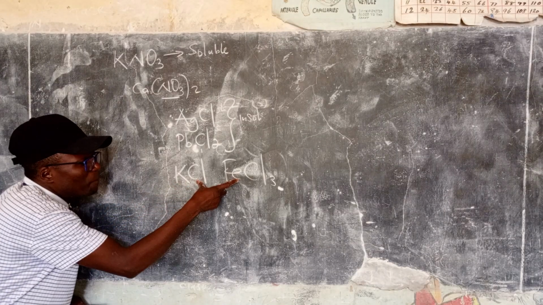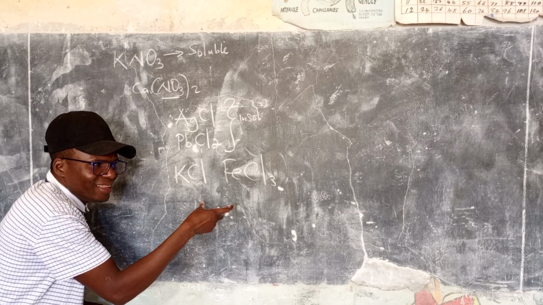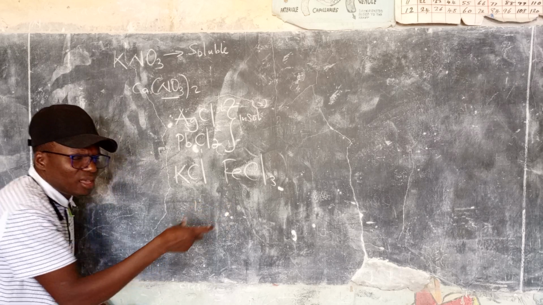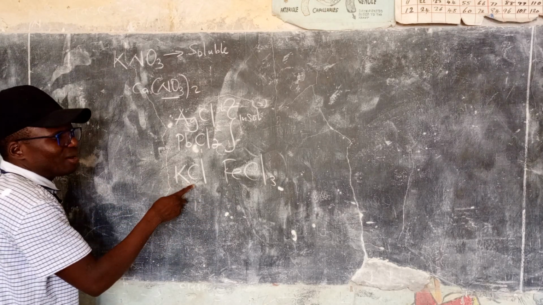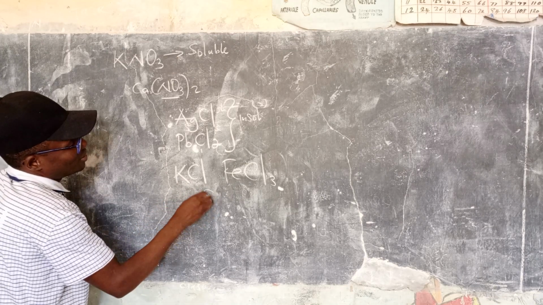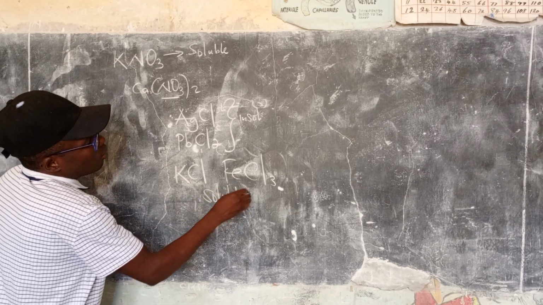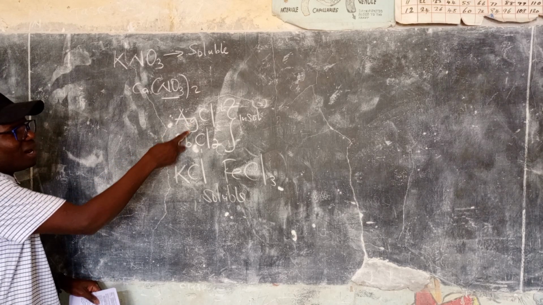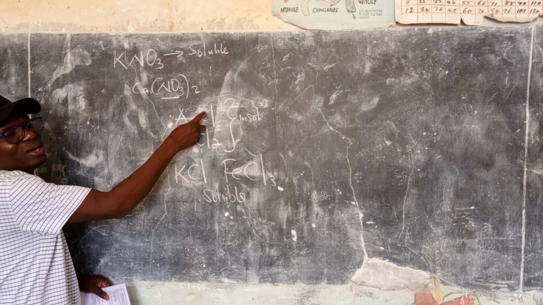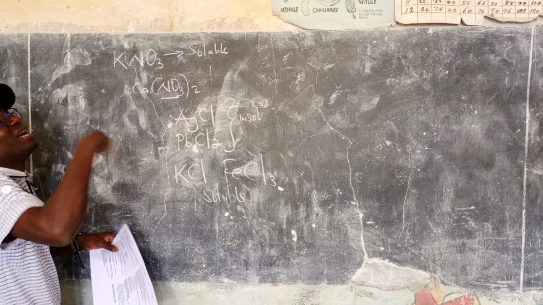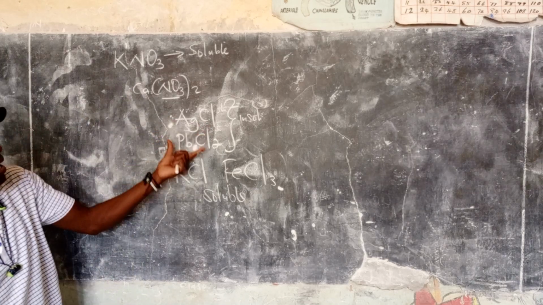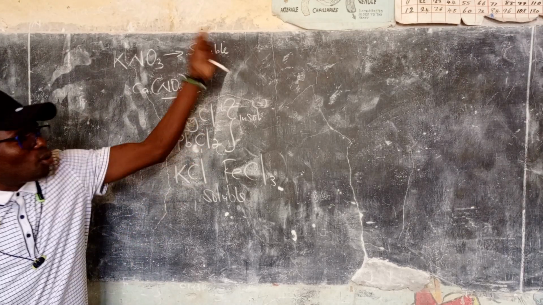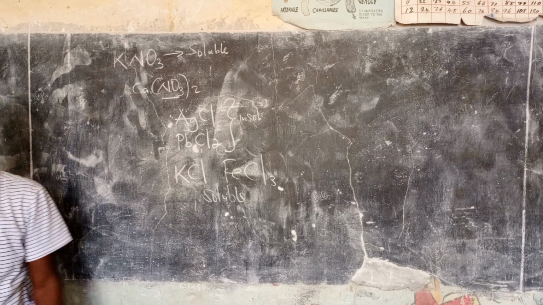Are these soluble or insoluble? They are soluble. Very good. The only insoluble chlorides are silver and lead chloride. The rest of the chlorides are all soluble.